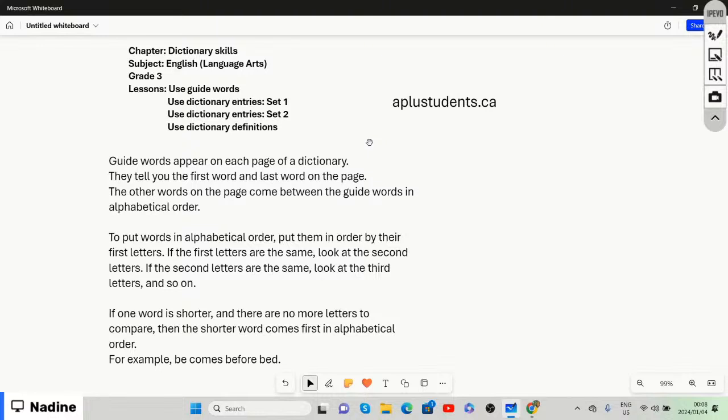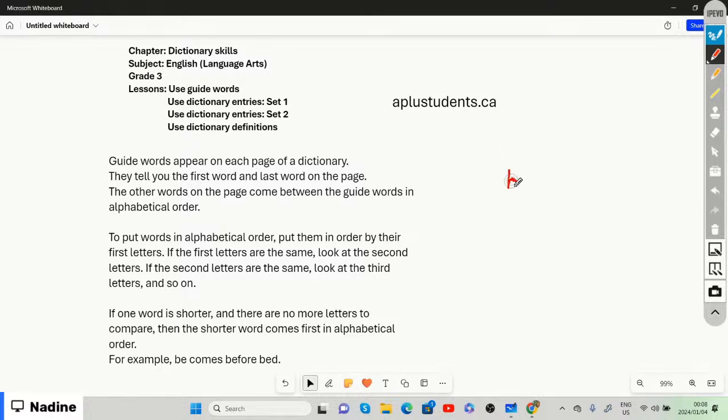And if you're looking for a specific word, let's say you need to look up the meaning of boy, right? So if you need to look up a specific word in the dictionary, you will have the words written in alphabetical order.